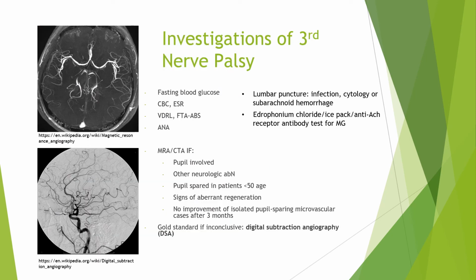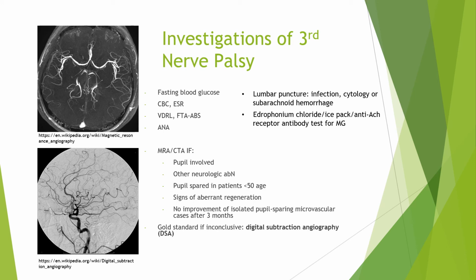Some investigations to confirm third nerve palsy will include fasting blood glucose to exclude diabetes, which can cause hypertension and raise the risk for hemorrhages. Do a CBC and ESR, which is a marker for inflammatory syndromes. VDRL and FTA absorption is done to exclude syphilis, and ANA for autoimmune syndromes.